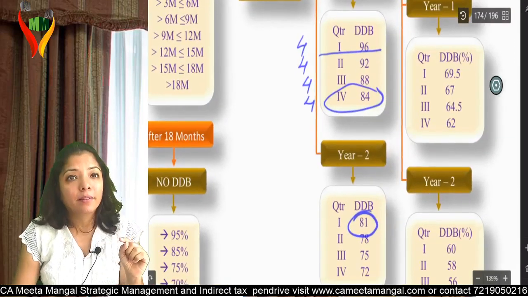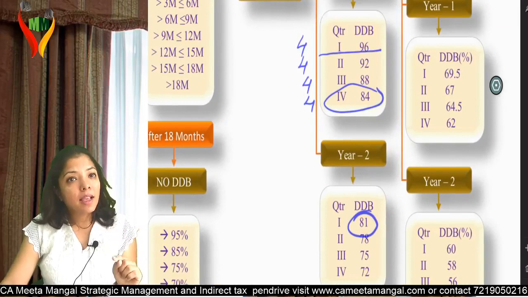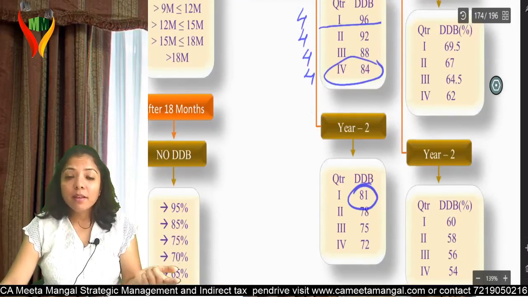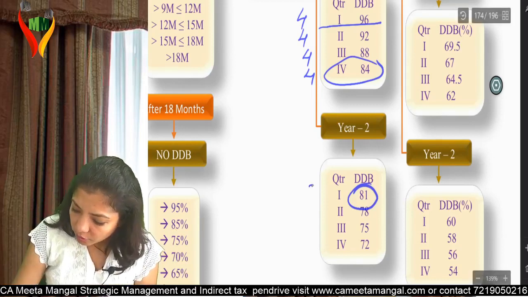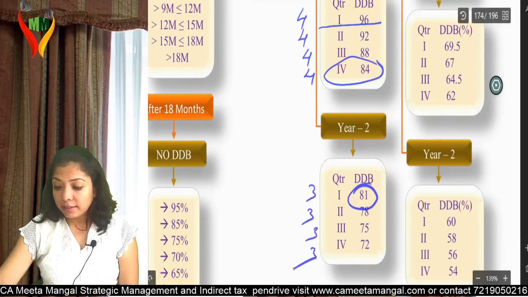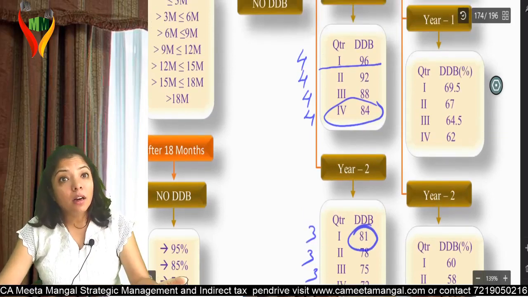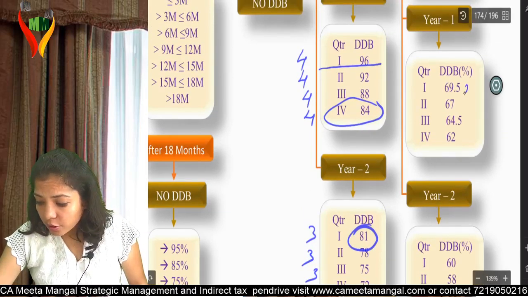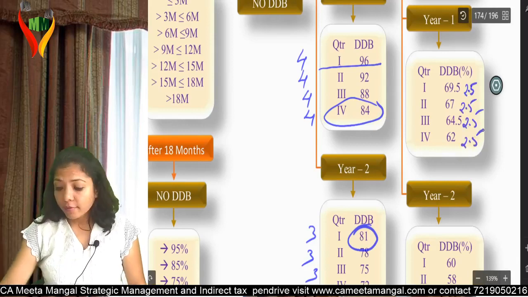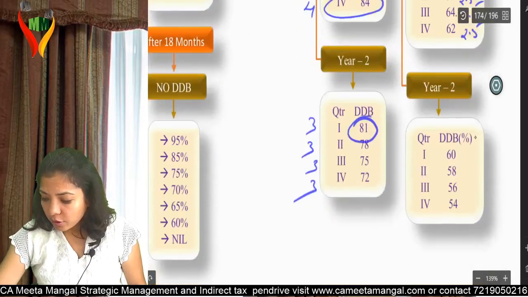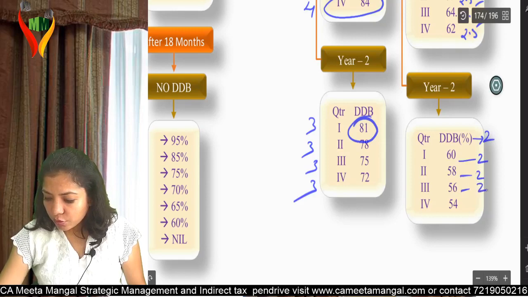Same for the second year second quarter, another 3%, and so on: 3, 3, 3, 3. Then for the third year it is 2.5%, 2.5%, 2.5%, 2.5%, and the fourth year is 2, 2, 2, 2.